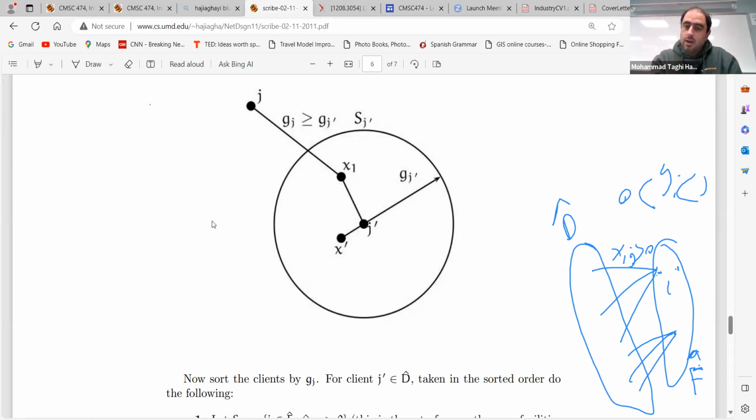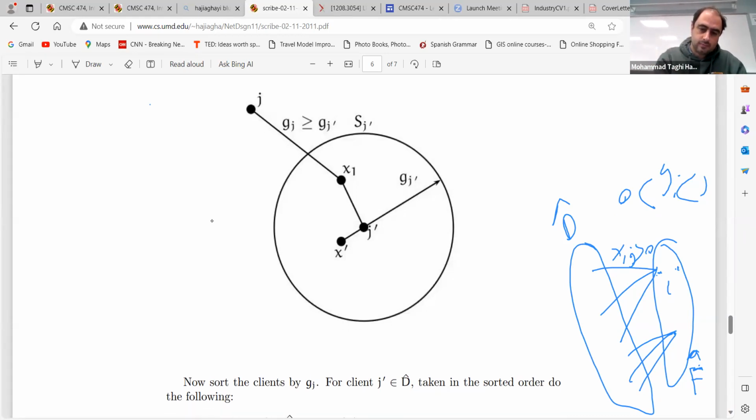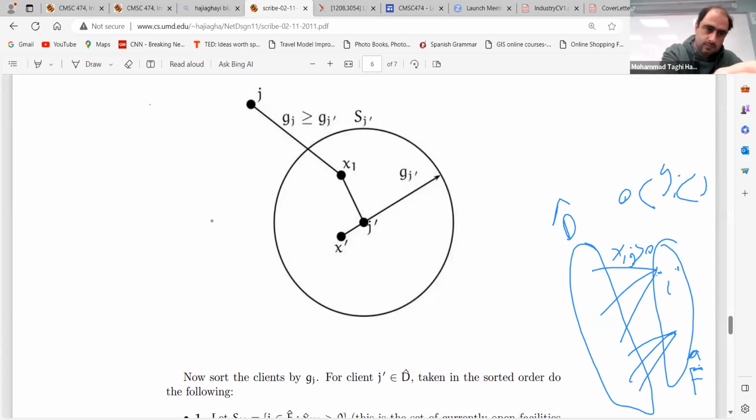So I will sort D hat according to g_j, according to this average connection cost, and then I will handle these clients.